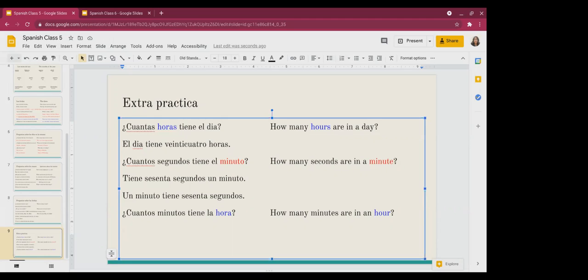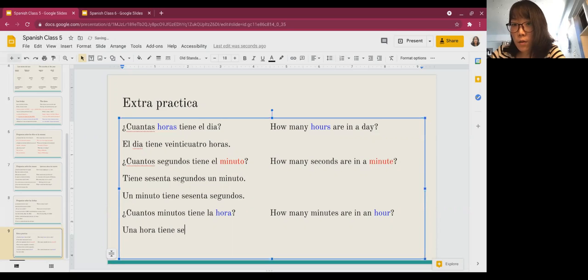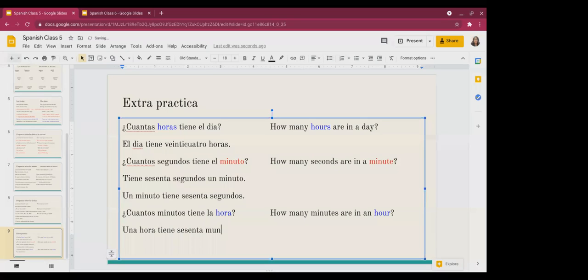So you would respond with "una hora tiene"... how many? 60 minutos. Una hora tiene 60 minutos, right?